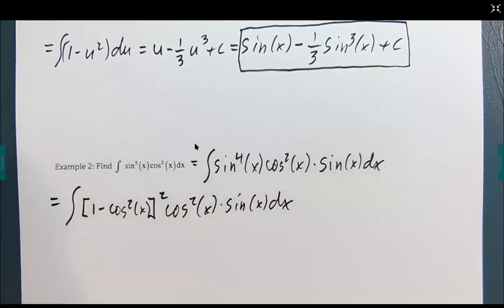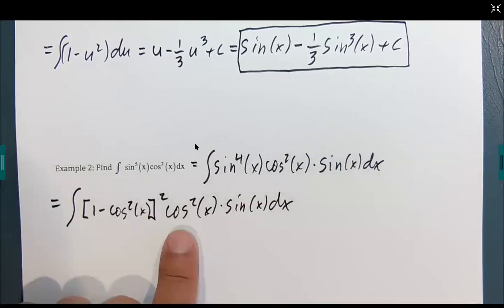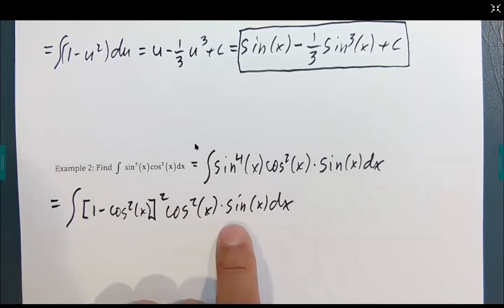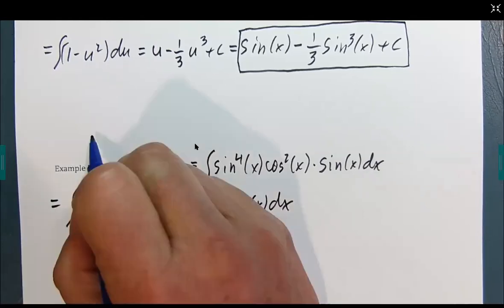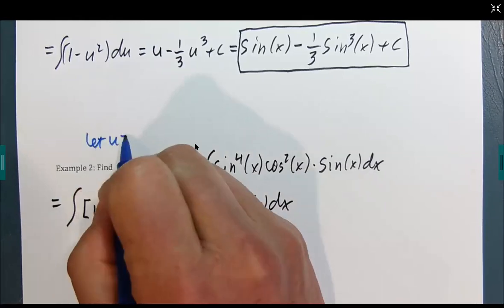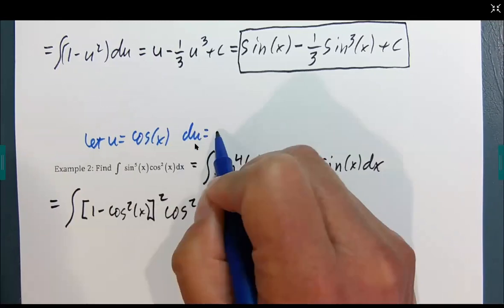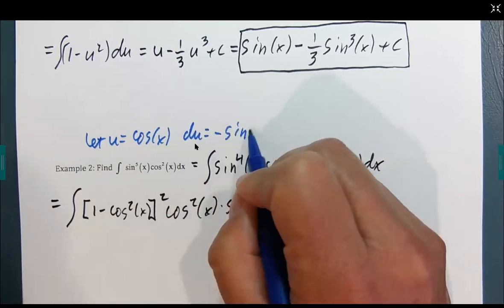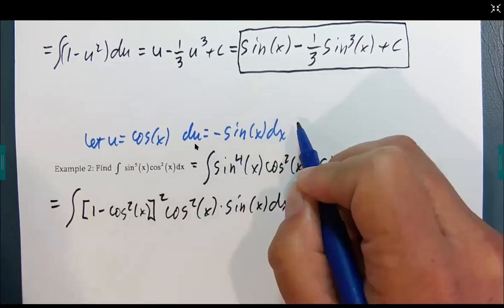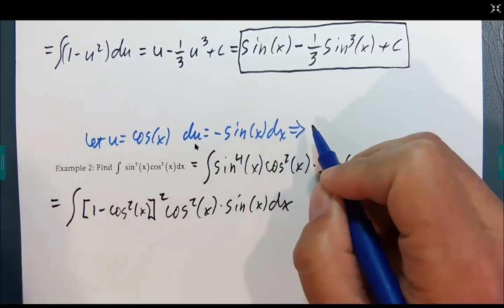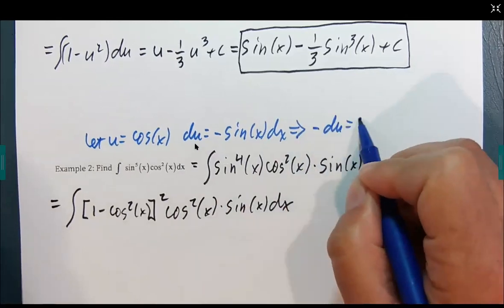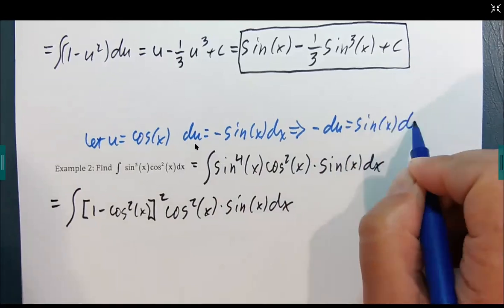All right, so now I'm in a position to do a substitution, to let u be cosine x. And my du is right there. And that rewritten is going to be negative du is sine x dx.